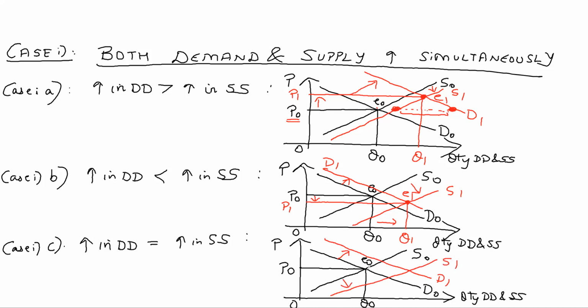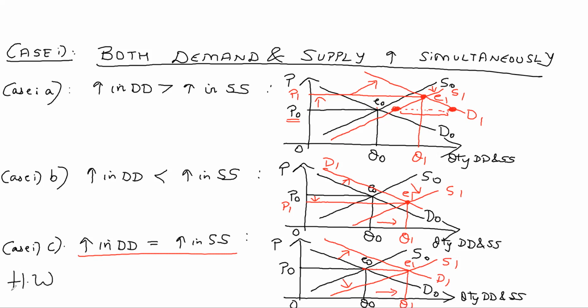Now in this particular case, will the price change? No. If demand and supply both are going up by the same proportion, there will be no change in price. But yes, since both are going up, equilibrium quantity will go up from Q0 to Q1. So I hope all students have understood these three diagrams.